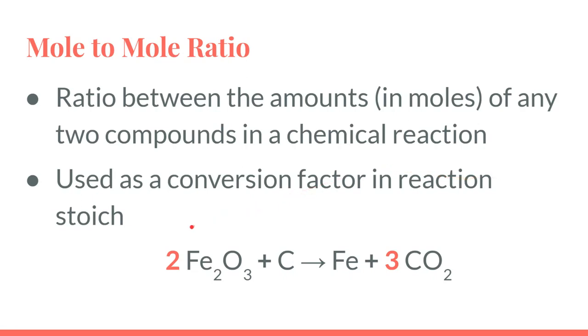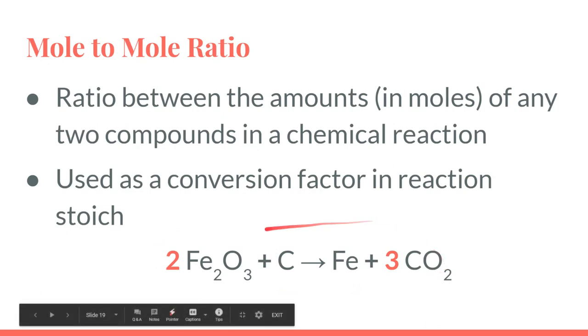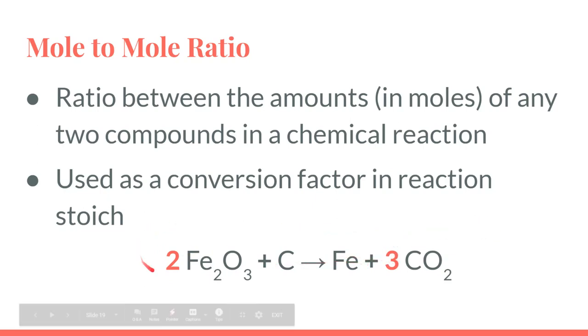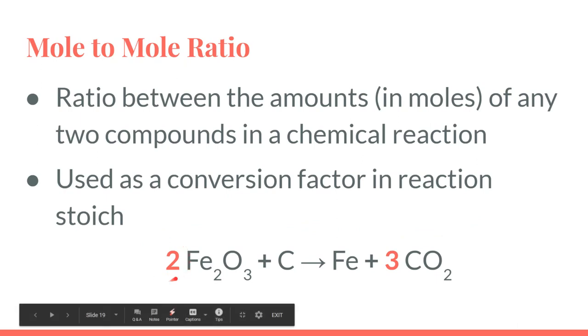So for instance, if I have this balanced equation here, we are going to use the coefficients in front of each compound to find the mole-to-mole ratio. So for instance, for every 2 moles of iron oxide I put into a reaction, I'm going to get 1 mole of iron out.